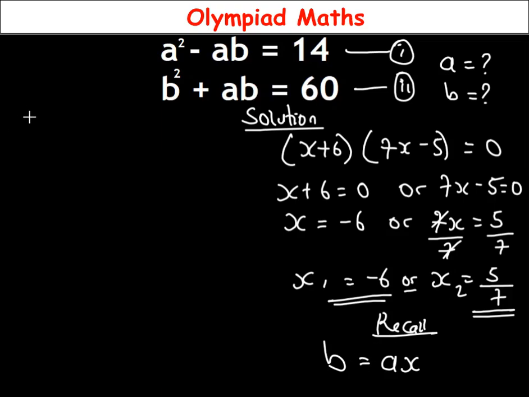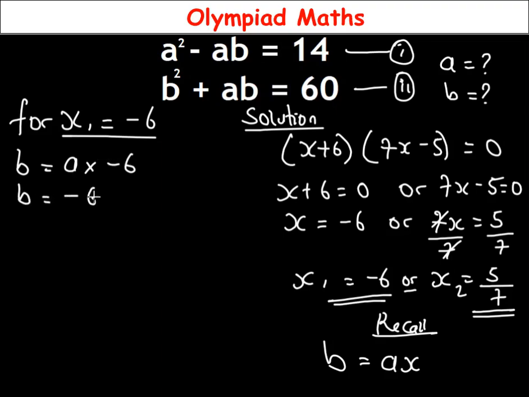Now, for the value of x1, which equals minus 6, inputting this into b equals ax, b is then equal to a times x, which is minus 6. So b is then equal to minus 6a. Good. So we'll then put this into equation 1. Now equation 1 is a squared minus ab is equal to 14, right? So b is then minus 6a.